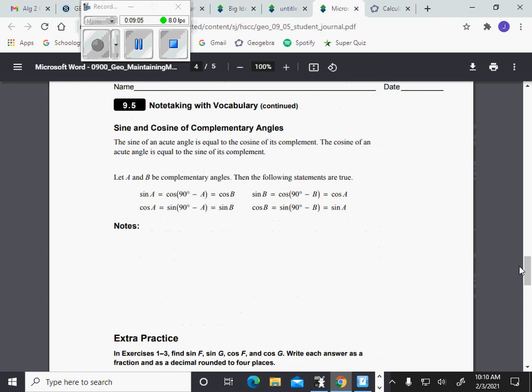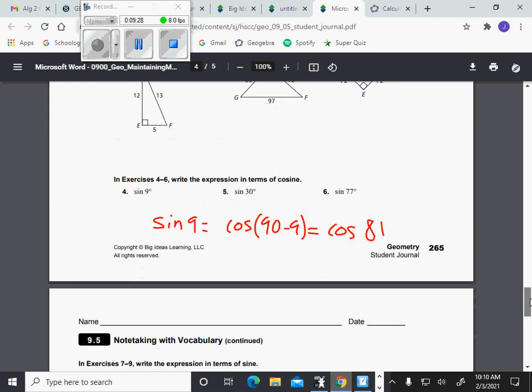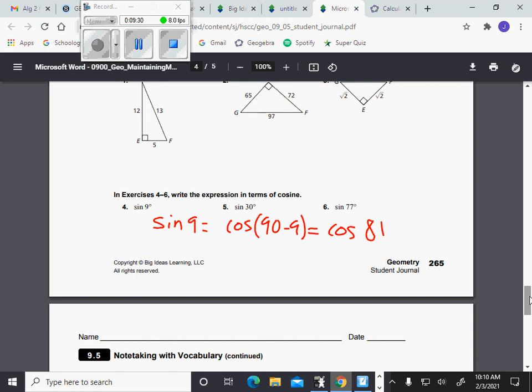So the sine of 9 is equal to the cosine of 90 minus 9. What's 90 minus 9? 81. So that's my answer for number 4, the cosine of 81.